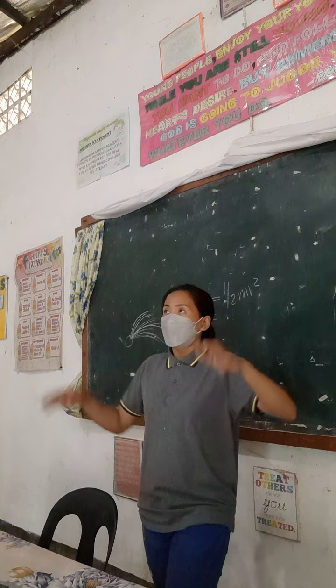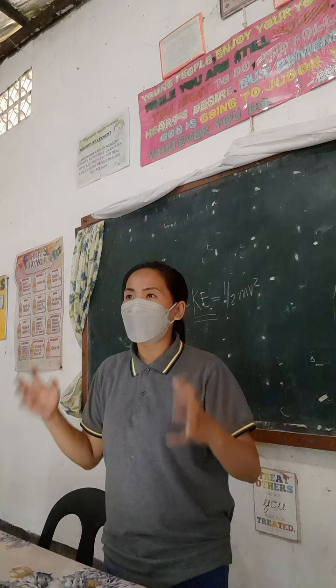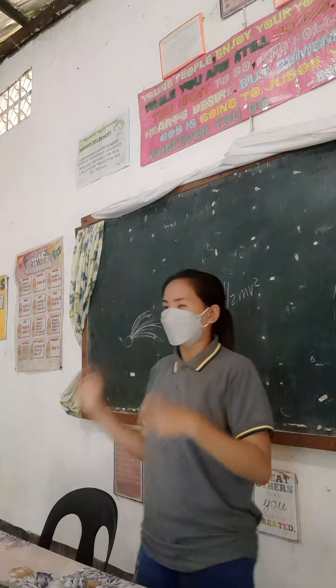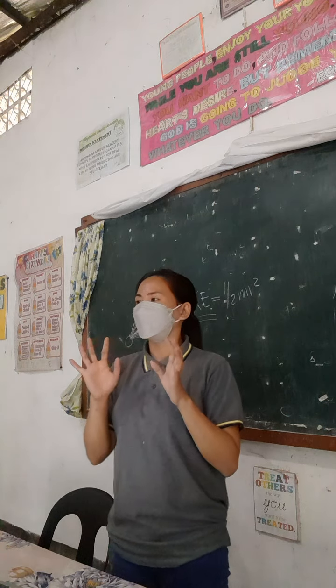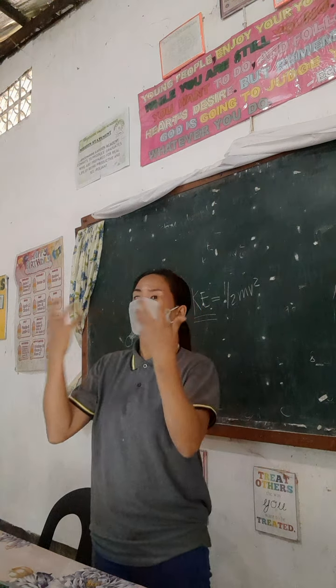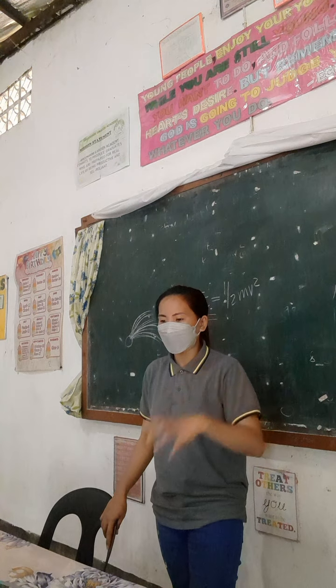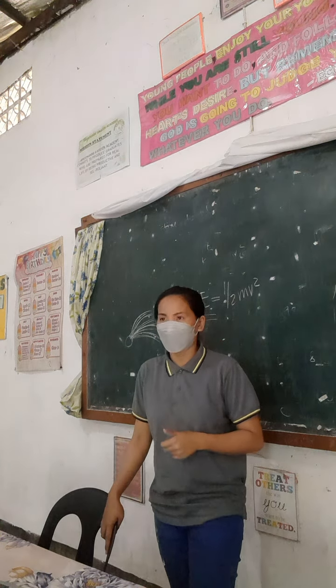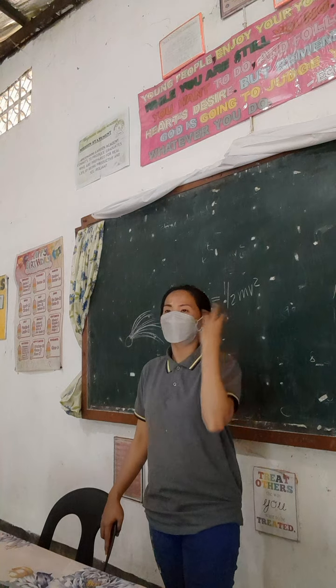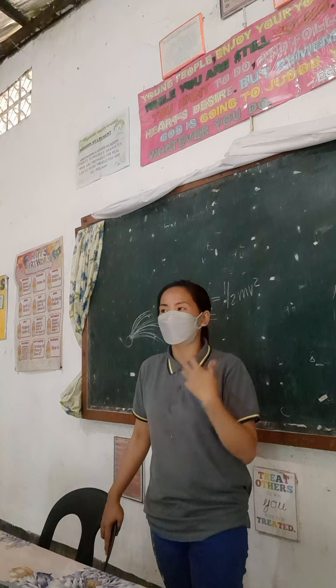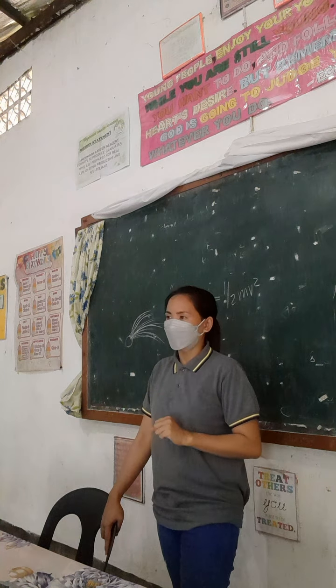Okay? So, no matter how long the text is, if you are actually reading it critically, you will be able to interpret the text in your own words. Okay? And you will be able to state the meaning of the text as a whole. Okay? So these are the three things that you have to reflect on as a critical reader.